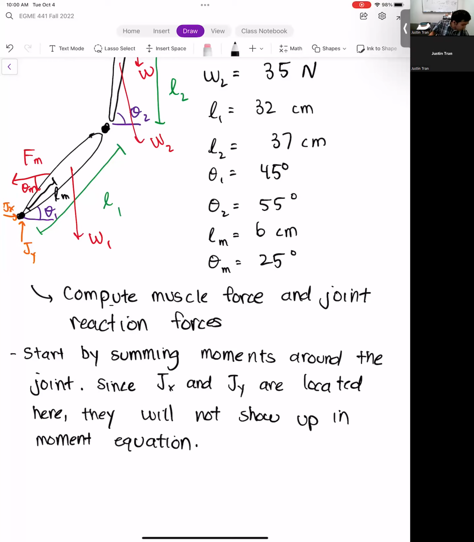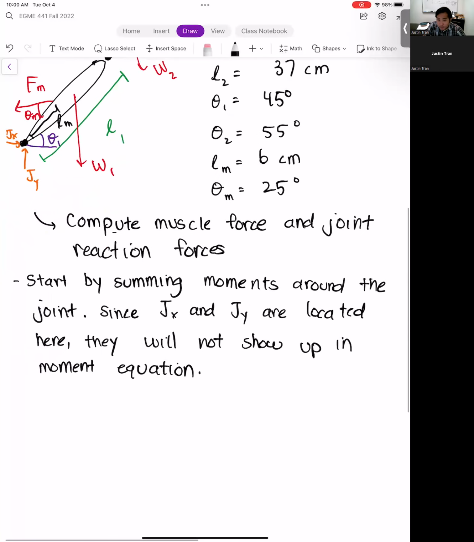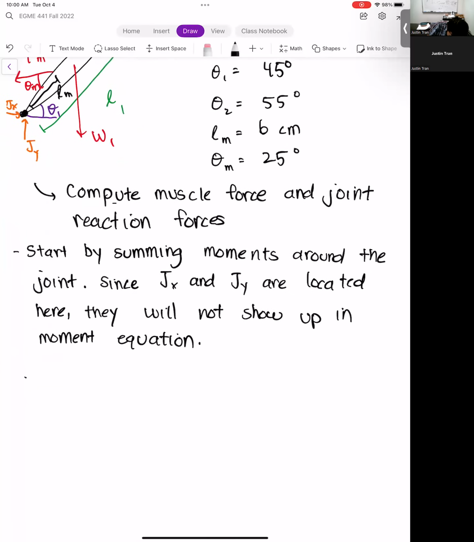That's basically the primary reason why we do that, to make our lives a bit easier. If we sum up the moments around that joint, then our resulting equation is only going to have one unknown, and that one unknown is the muscle force. And then we can solve that equation directly for that muscle force. Okay, so let's go ahead and sum the moments around the joint.